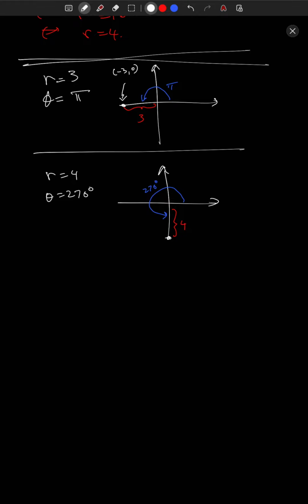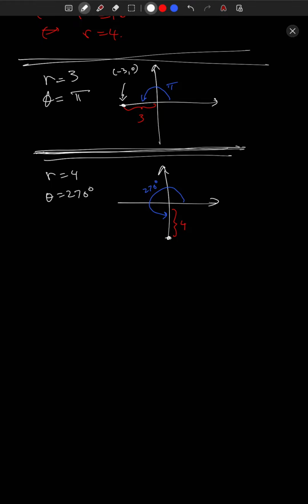Okay, now here's something interesting. We didn't really want to do this with complex numbers. But with polar coordinates occasionally, and we will be doing this later on in this lecture, looking at r as a negative number.